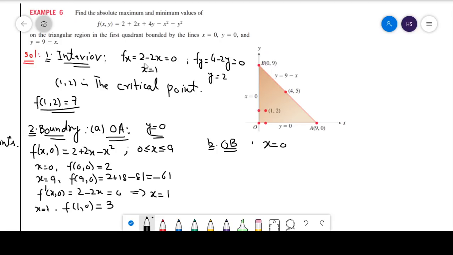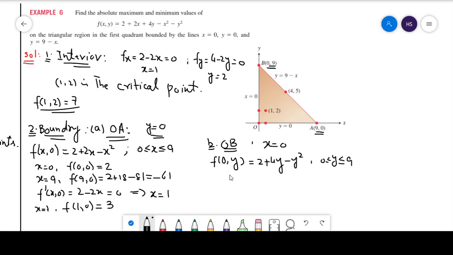So our two variable function will be reduced to f(0, y) equals 2 plus 4y minus y square. And what is our boundary? This point is (0, 9). Similarly, this point is (9, 0). So on this line, the boundary is from 0 to 9.